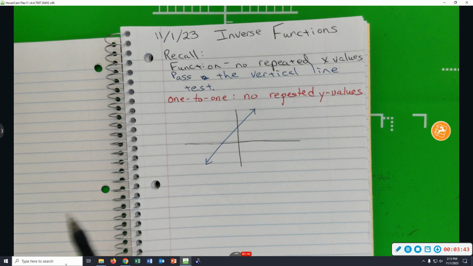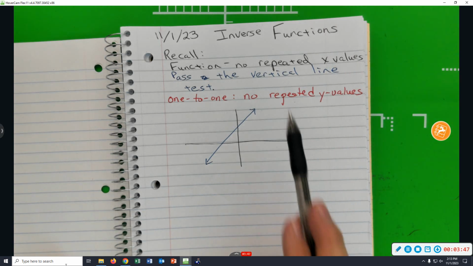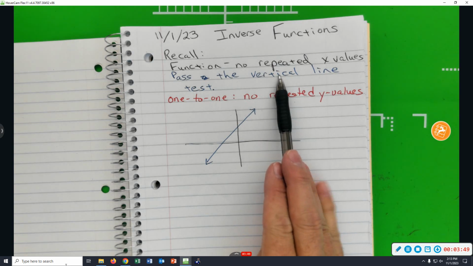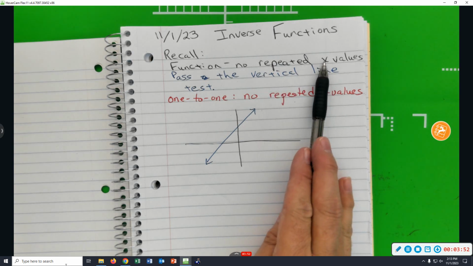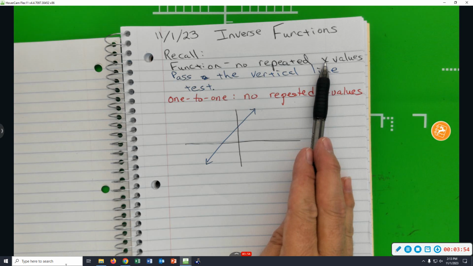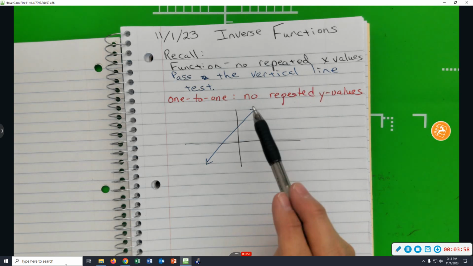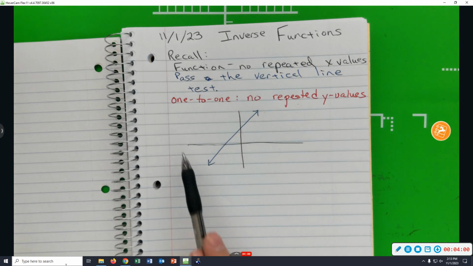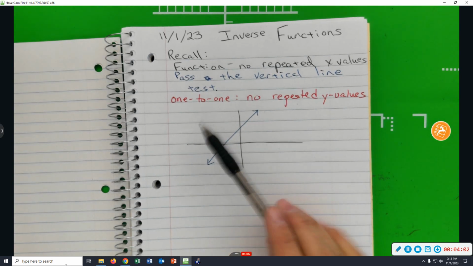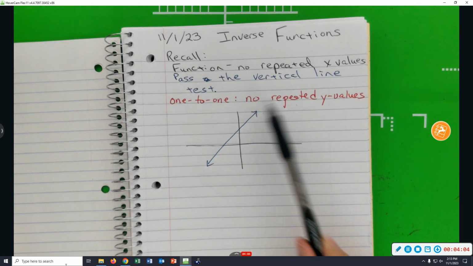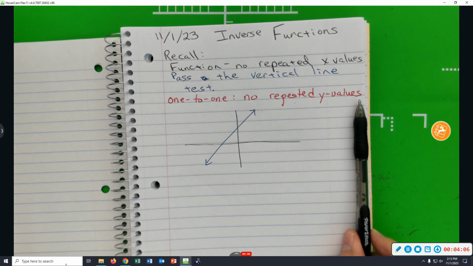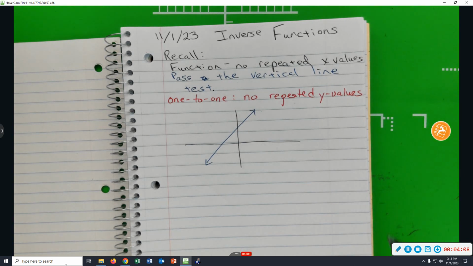But what about one-to-one? Are there any repeated y values? Well, if we used a vertical line to test to decide if there's any repeated x values, follow the logic. To check for no repeated y values, you have a horizontal line test.